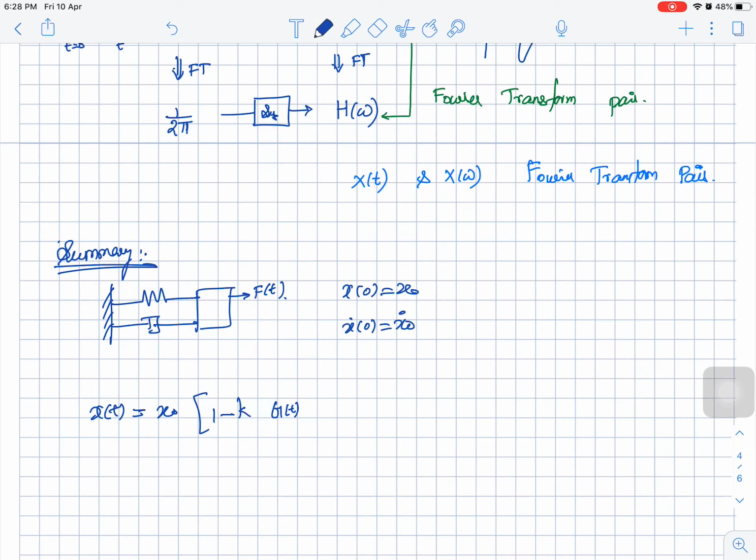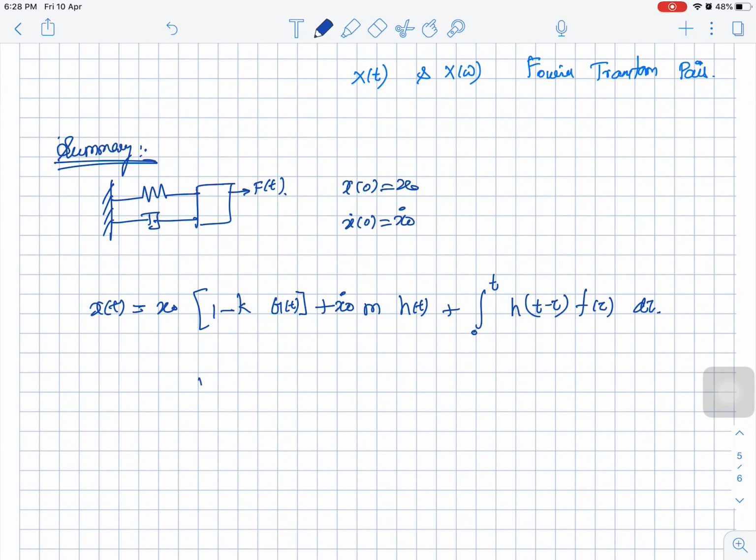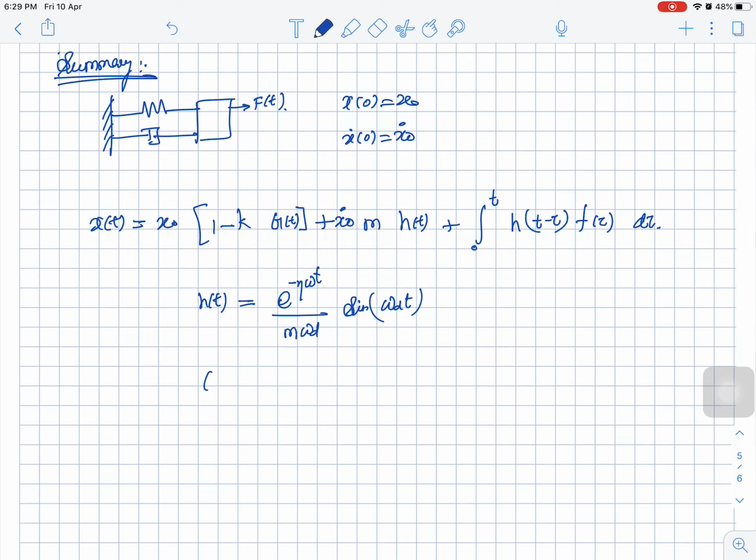This will be the complete solution, where h of t is e power minus zeta omega t over m omega d times sin of omega d t, and g of t will be e power minus zeta omega t times 1 minus cos omega d t plus zeta divided by square root of 1 minus zeta square sin omega d t.